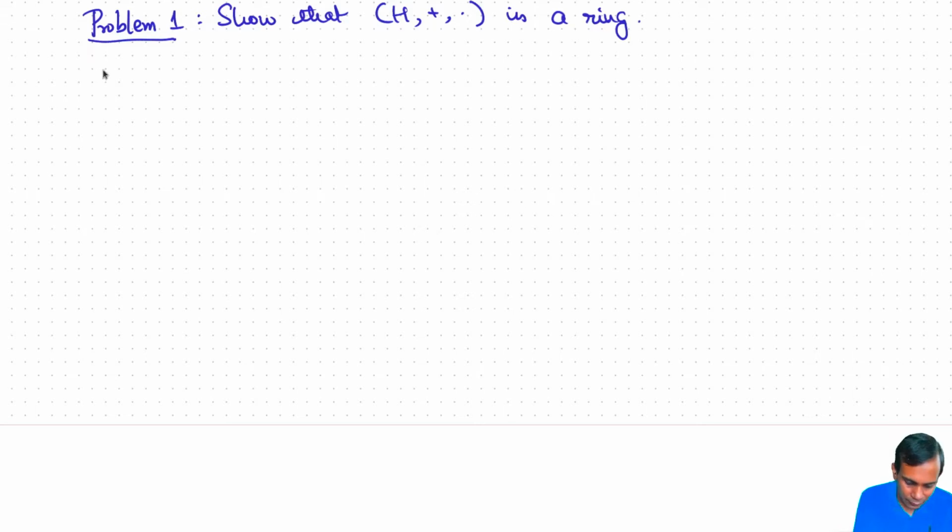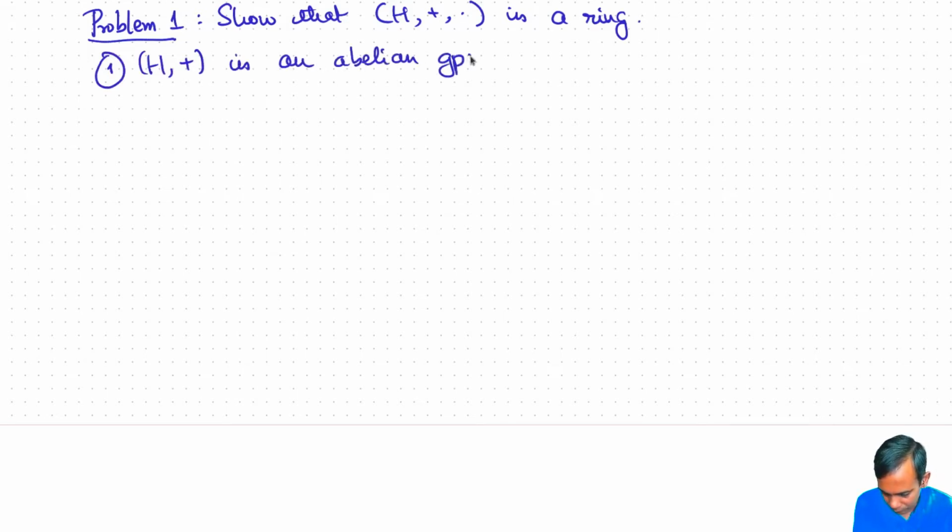So let's start with the first. We want to show that (H, +) is an abelian group. So why is this true? Do we need to go and check associativity, identity, inverse, and so on? No, we don't need to.